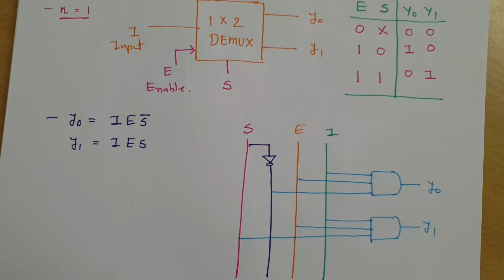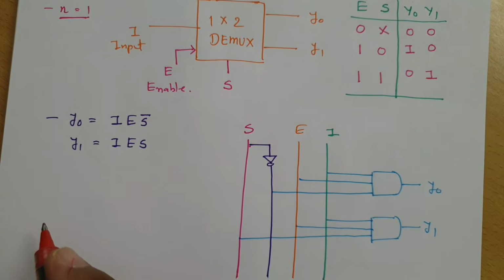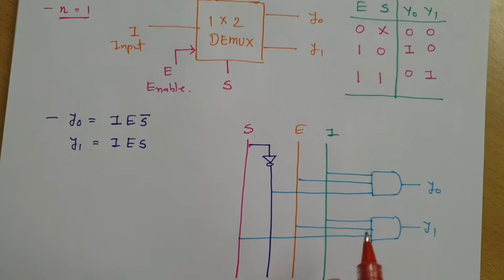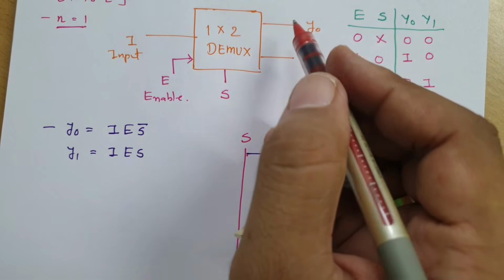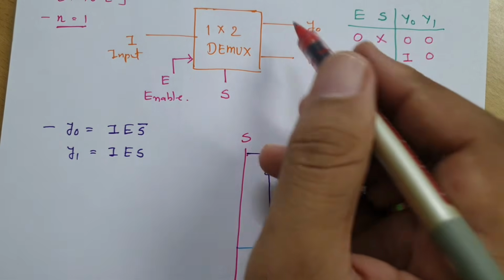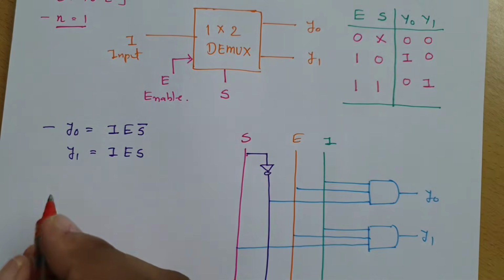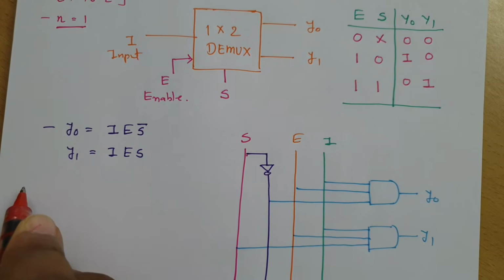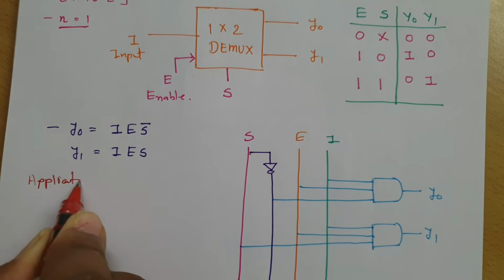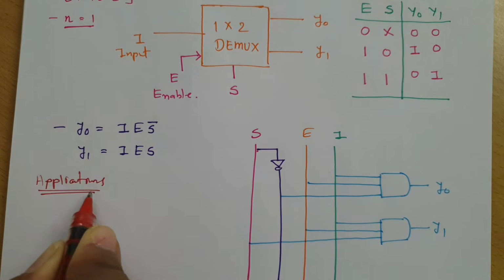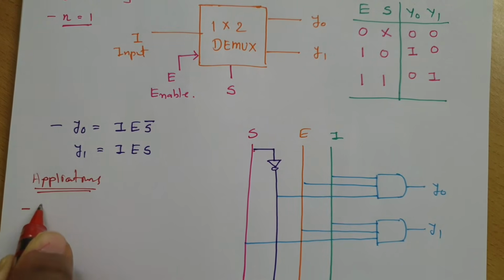Now one should try to understand the possible applications of demultiplexer operation. Usually you will find the demultiplexer working in data distribution, right? In communication there are many applications of data distribution.